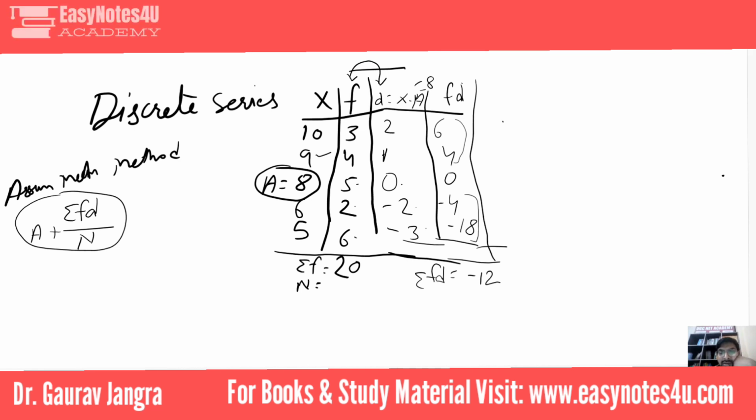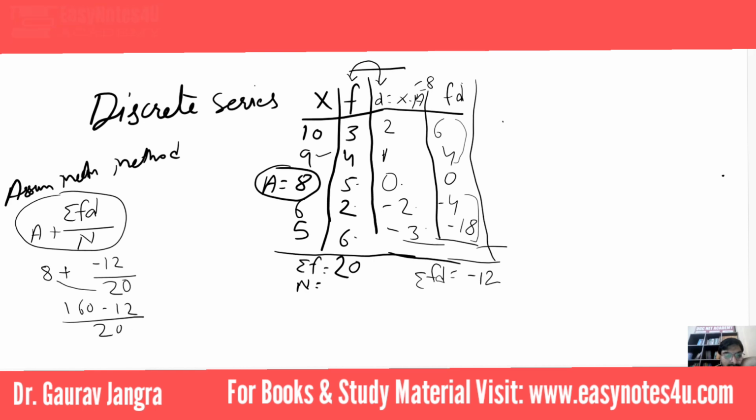So now put the values in the formula. The assumed mean was 8, summation fd is minus 12, n is 20. Either you can calculate by cross multiplying: 160 minus 12 divided by 20, and 160 minus 12 is 148, divided by 20.